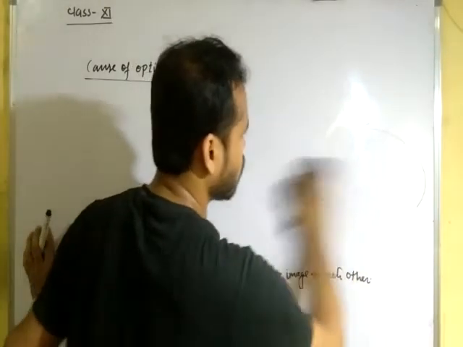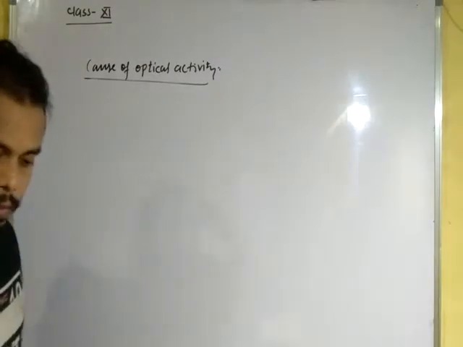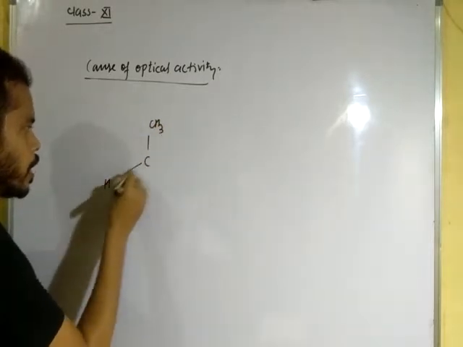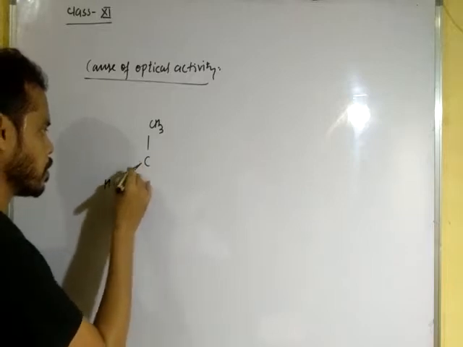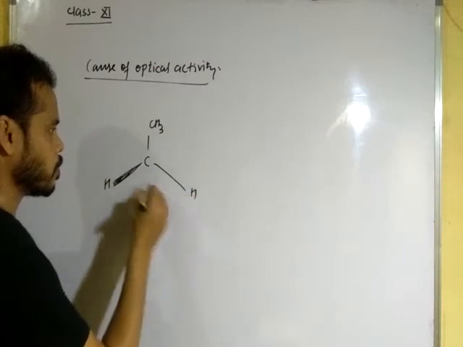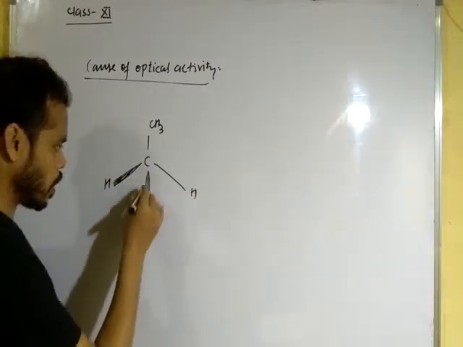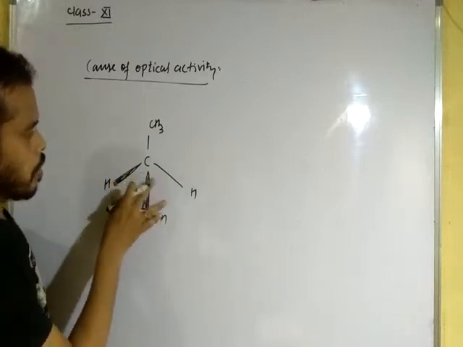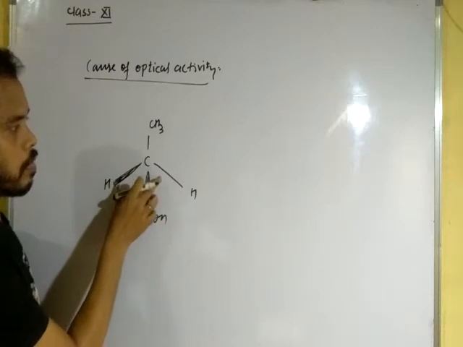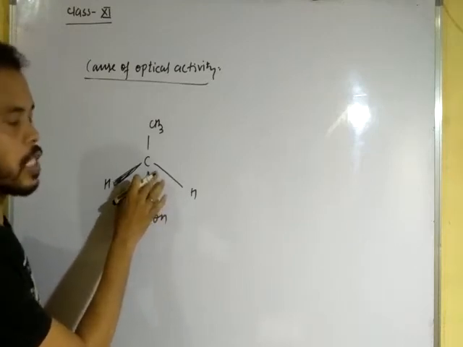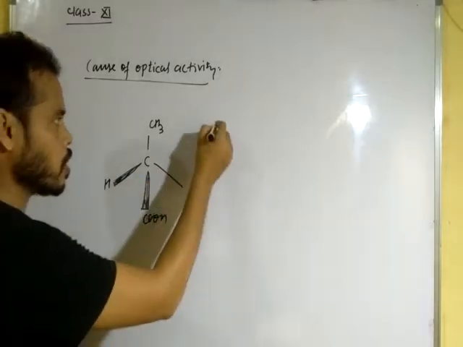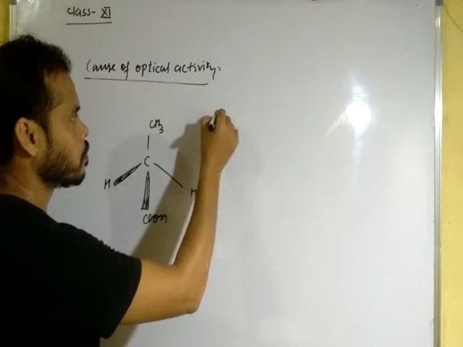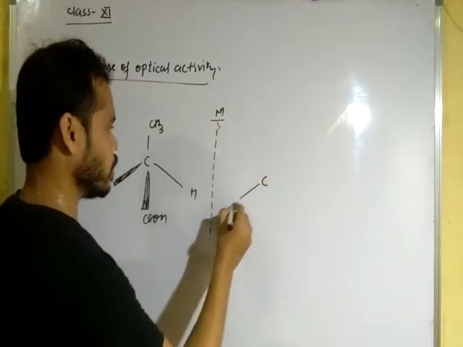In propanoic acid, two hydrogen atoms are attached to the center carbon: CH3, H, H, COOH. These two hydrogen atoms satisfy two valencies of the carbon atom. It will also form a mirror image like this.